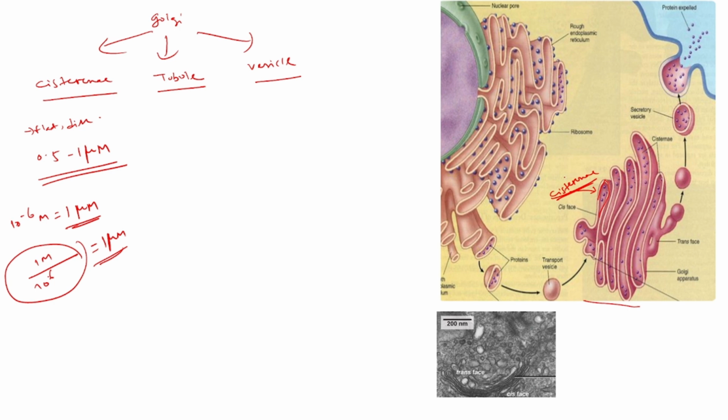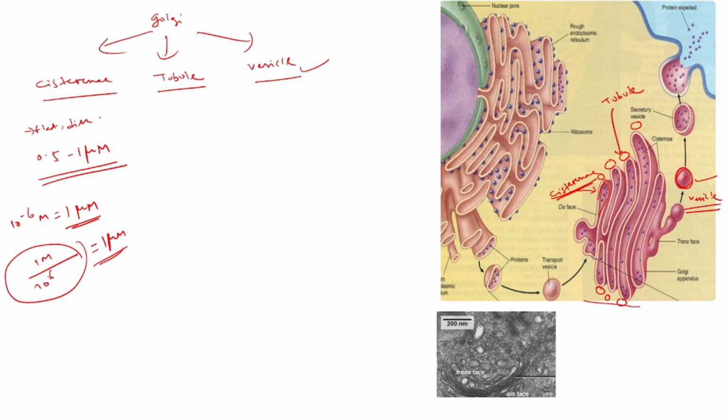Another is called the tubule. What is the tubule? At the periphery there are many structures that look like this, and these are called tubules. And another is called the vesicle. That means this is a vesicle: a structure surrounded by a layer that contains something.